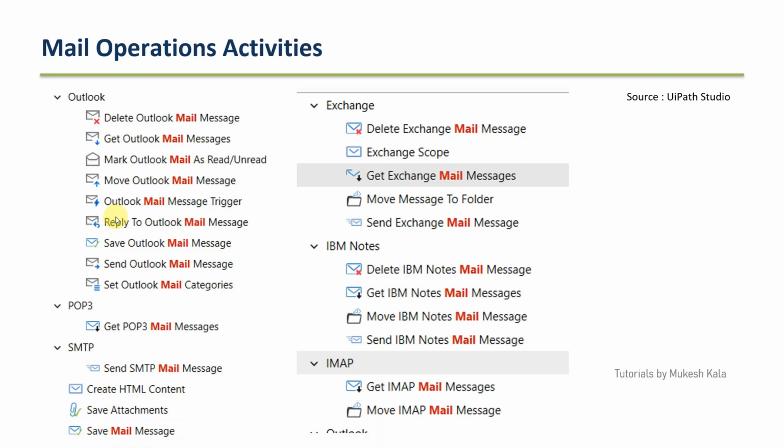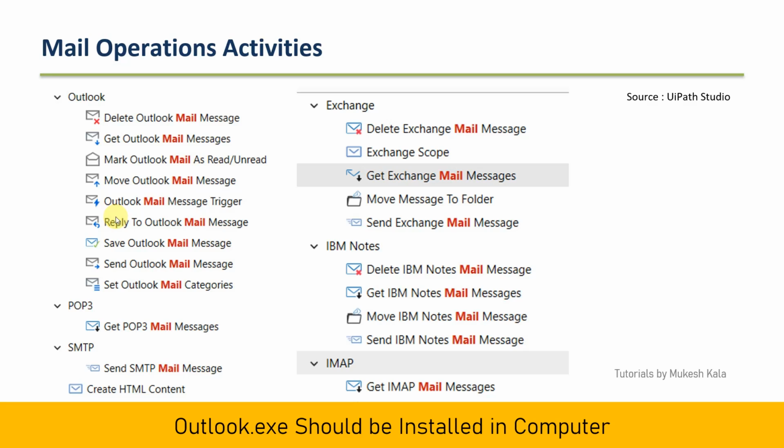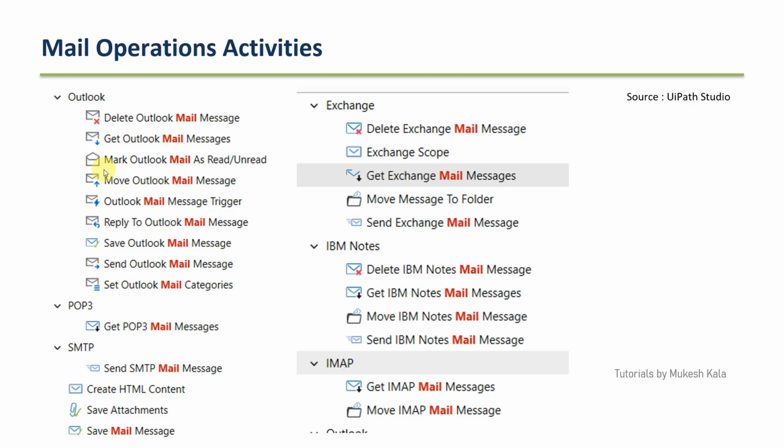Now, let's say you already have Outlook installed on your computer, which means that outlook.exe is installed and you already have an Outlook license, then you can use all these Outlook activities. The good thing about Outlook activities is that you do not require the SMTP configuration, the port, or the user ID and password, because all the details are taken from Outlook.